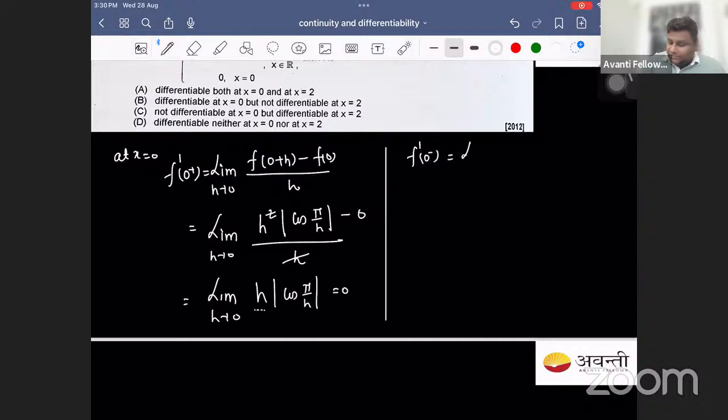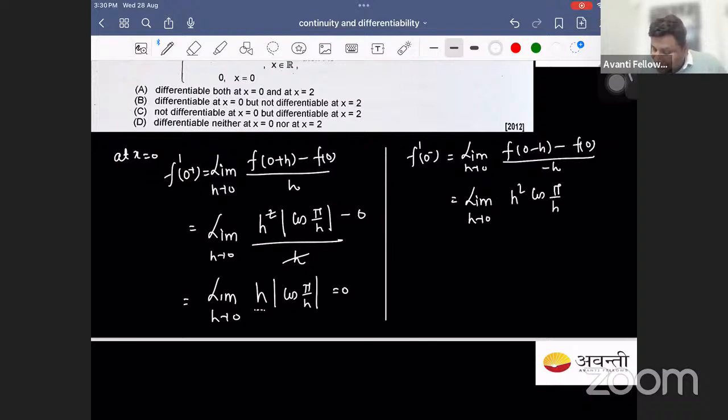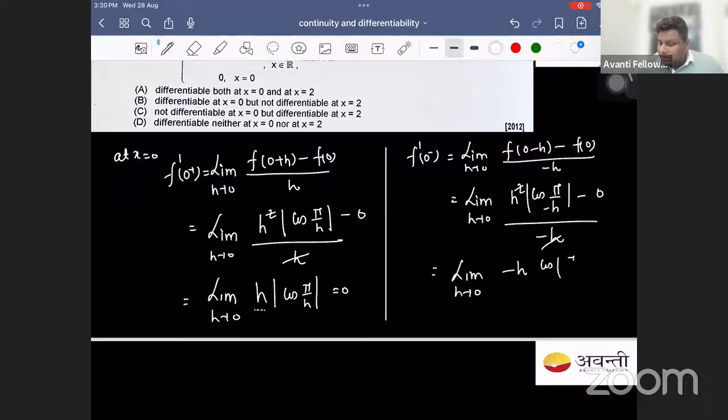f dash 0 minus is limit h approaches 0, f of 0 minus h minus f of 0 upon minus h. That is limit h approaches 0, f of 0 minus h will be h square mod of cos pi by minus h, minus f of 0, upon minus h. Again one h will cancel. So it is limit h approaches 0, minus h mod of cos pi upon h. Mod will absorb the negative sign.